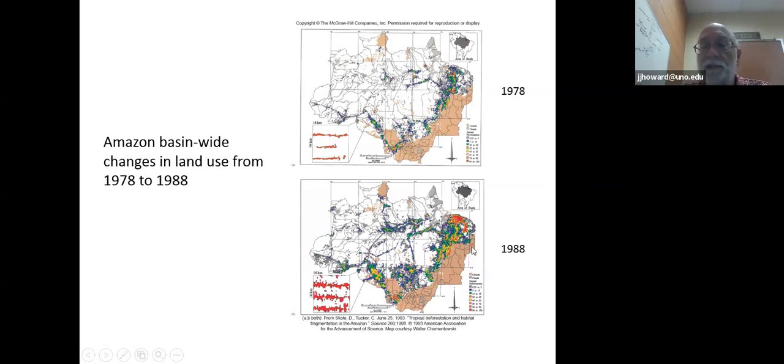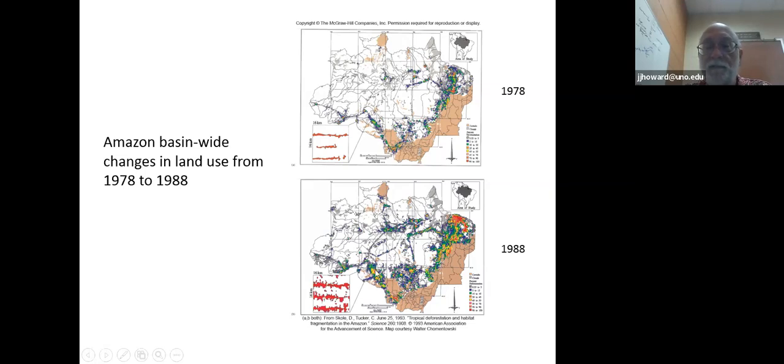And notice that there's a little bit of expansion here, but not much change in the dry forest. What's changed is the amount of development in the rainforest. It's particularly noticeable up here by Bahia. So human conversion of rainforest has been really spectacular up here. It's also been spectacular here and here.